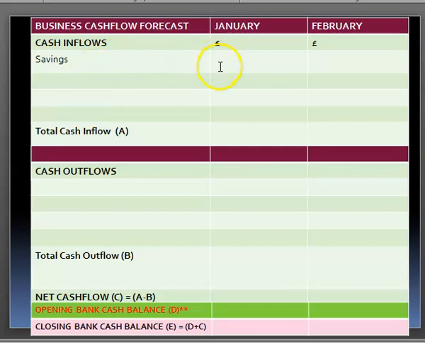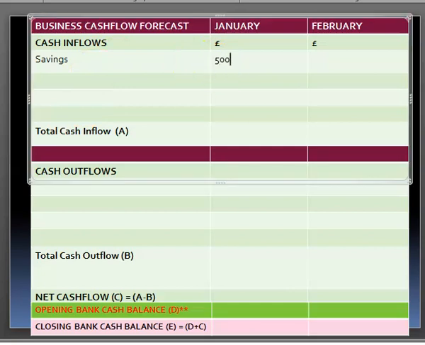Then they have bank loan for 750. Then they have sales. They sold items, and all the sales come to 380.